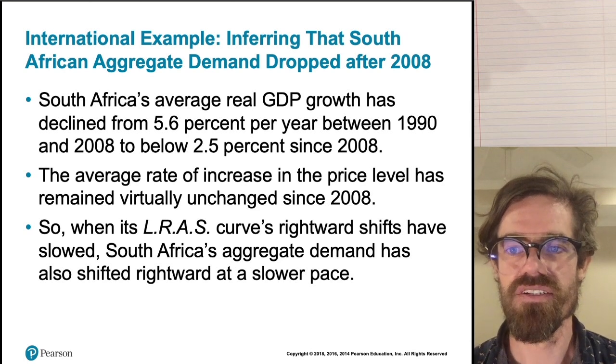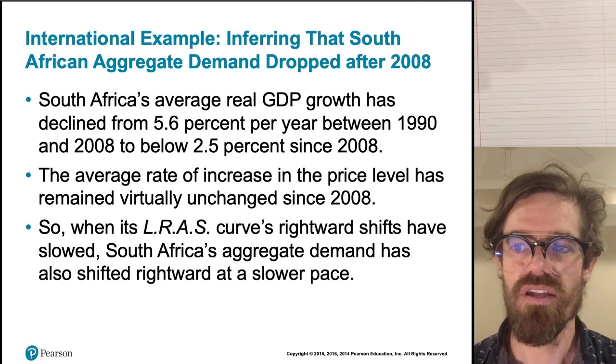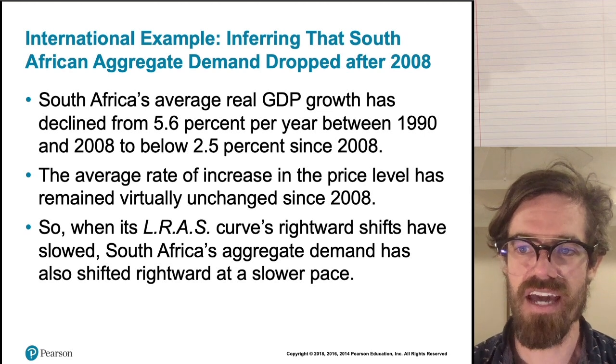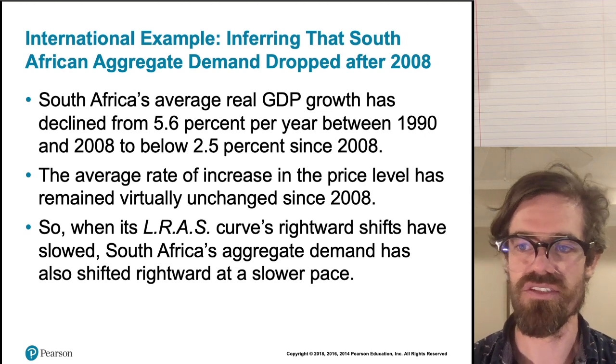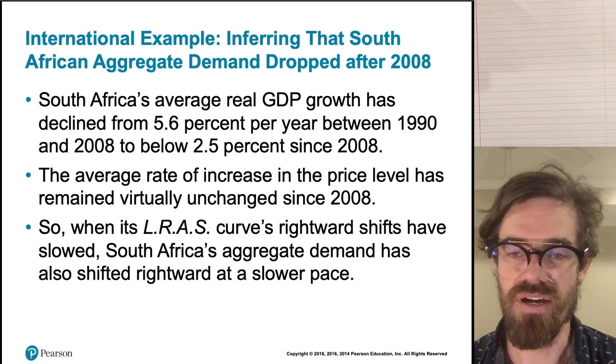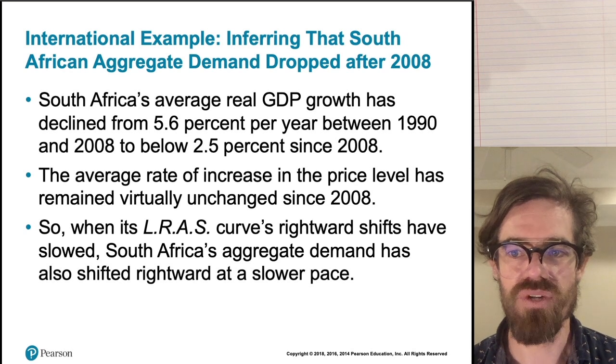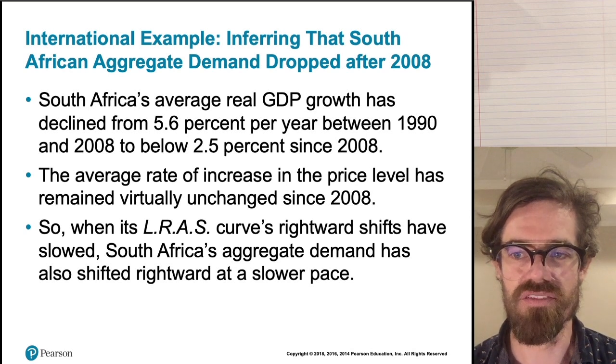So South Africa's average real GDP growth had declined from 5.6% growth between 1990 and 2008 to below 2.5% growth since 2008. So after the Great Recession. The average rate of increase in the price level has remained virtually unchanged.